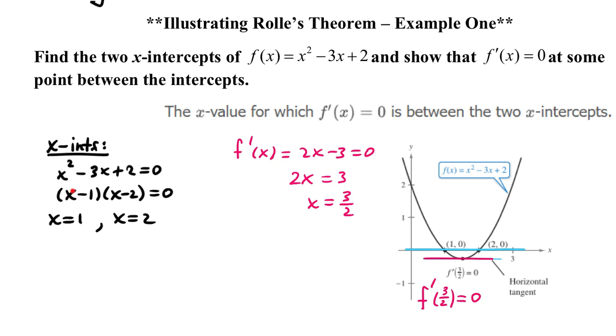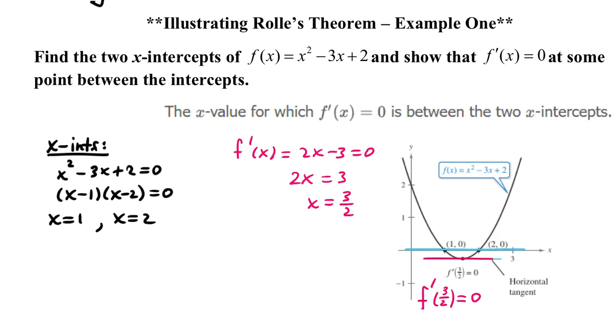The first factor is 0 when x equals 1. The second factor is 0 when x equals 2. And over here at your diagram to the bottom right, you'll see that your x-intercepts are at (1, 0) and (2, 0). Since this function is continuous and smooth at the bottom, it's differentiable.